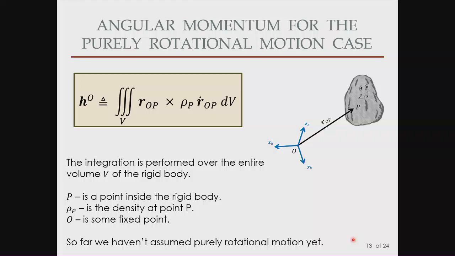And we will also relate H dot about O, just like we did here with H dot equals sum of moments about G, to the sum of moments about point O, which might be beneficial down the road.